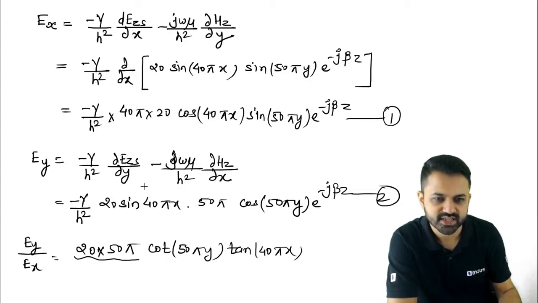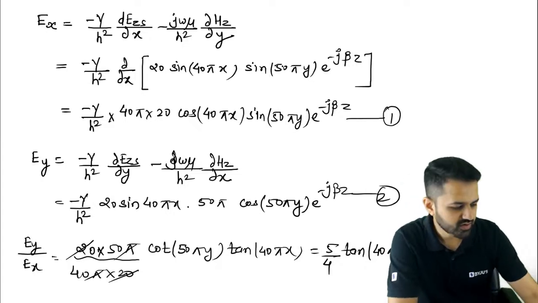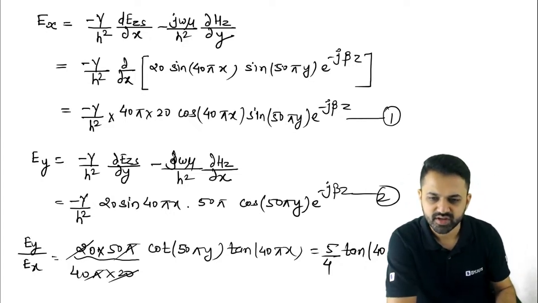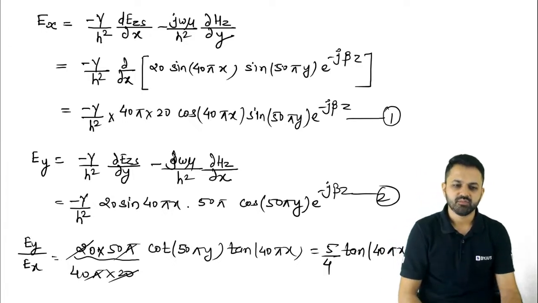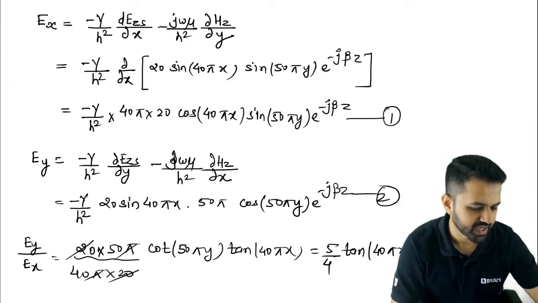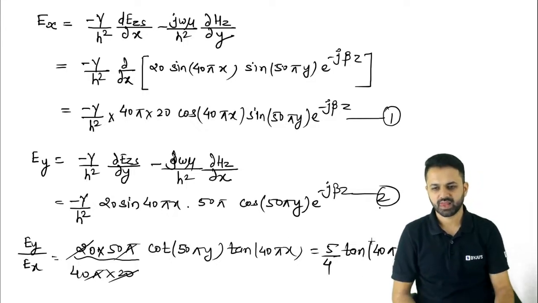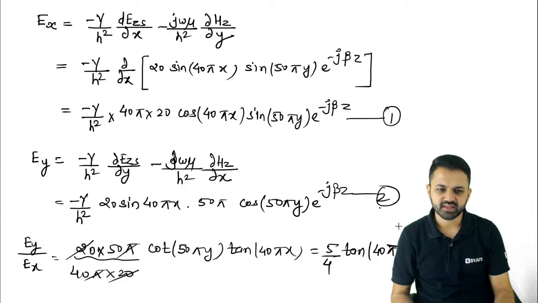The exponential term will also get cancelled, and this is 40 pi into 20. So 20 and 20 also get cancelled, pi also gets cancelled. So we are getting 5 by 4 tan 40 pi x and cot of 50 pi y. Okay, it may not be written clearly, but it is understandable. 1.25 tan 40 pi x and cot 50 pi y. Okay, so this will be the answer for this particular question.